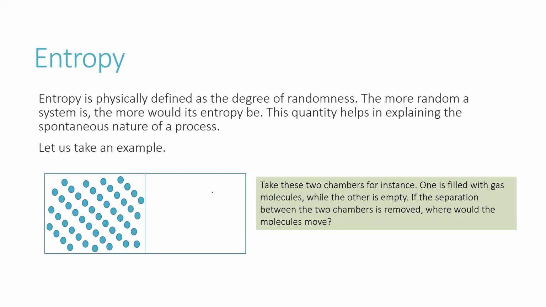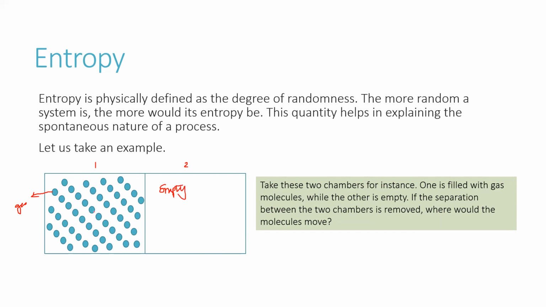So for example, let's take this particular system. Over here, you can see a container which is divided into two chambers. One chamber contains gas molecules, it is filled with gas, while the other chamber is empty.